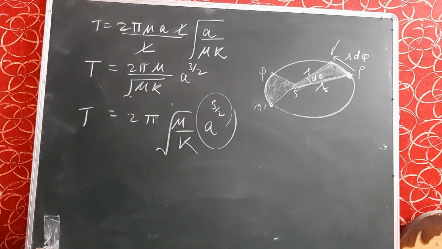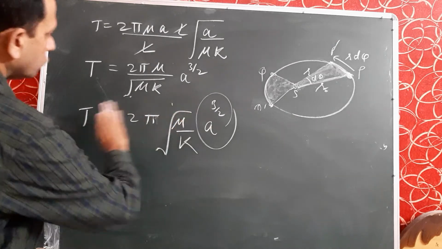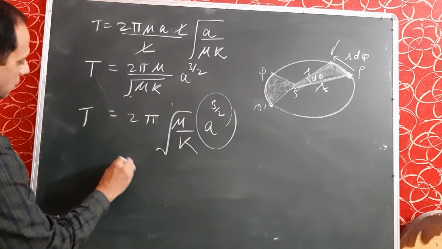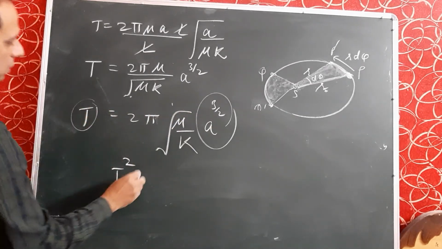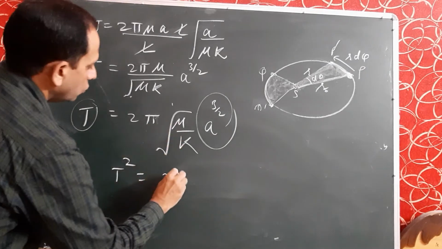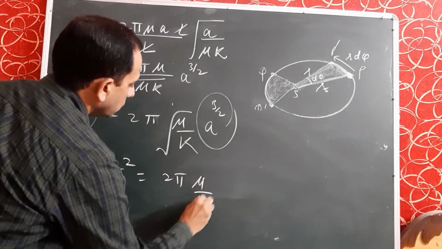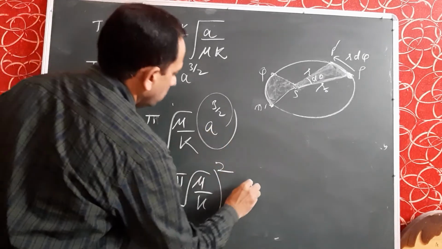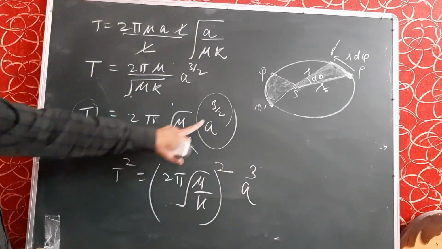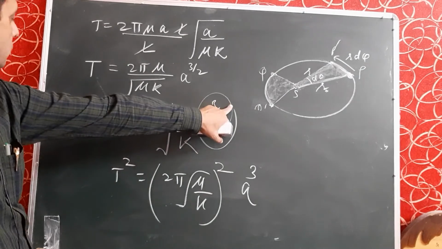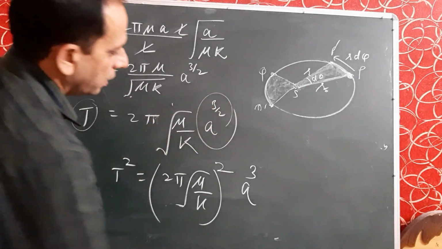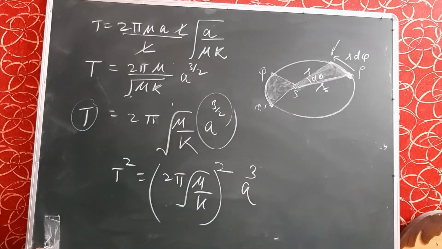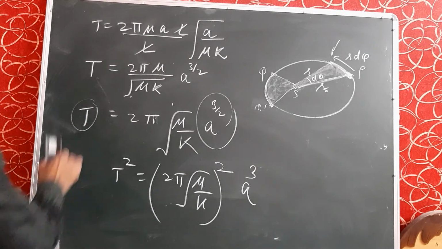So taking square on both sides, that is T square, and square of this 2 pi mu upon k under root, power 2, and this will become a cube, because a power 3 by 2 raised to power 2, the 2 will cancel out and finally we will get a cube.